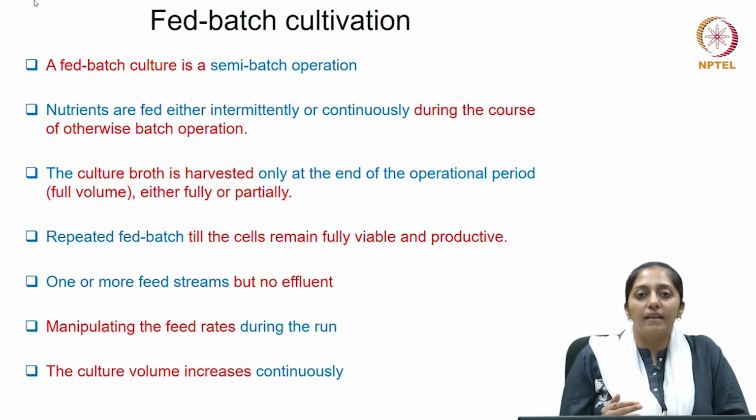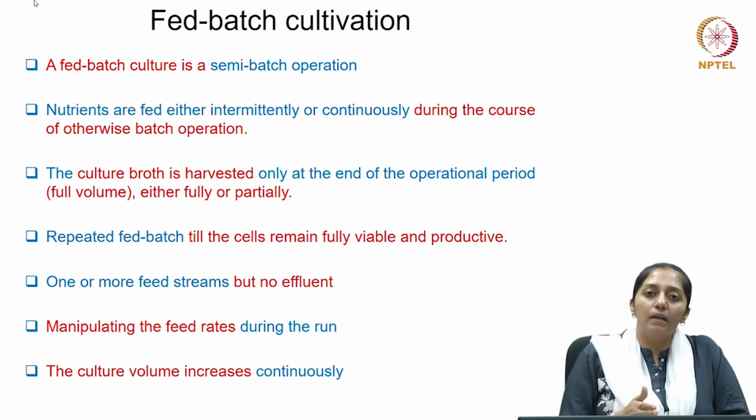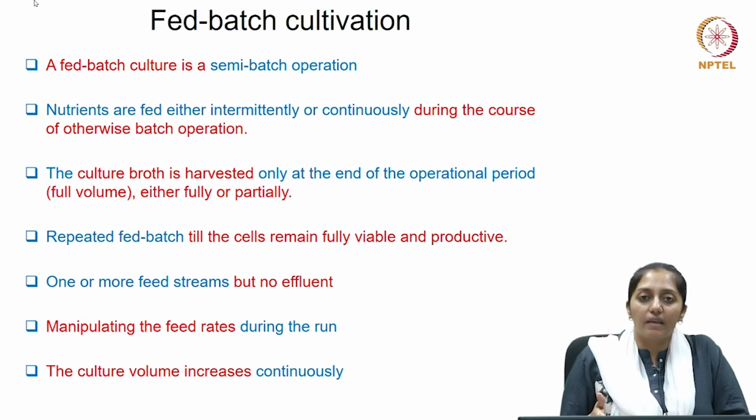Why did I say that the time of harvest is restricted to the maximum volume a reactor can reach? This is because, being in a fed batch mode of cultivation, there is only an inlet stream and no outlet stream, so the volume will keep rising, and hence we cannot continue the fermentation.